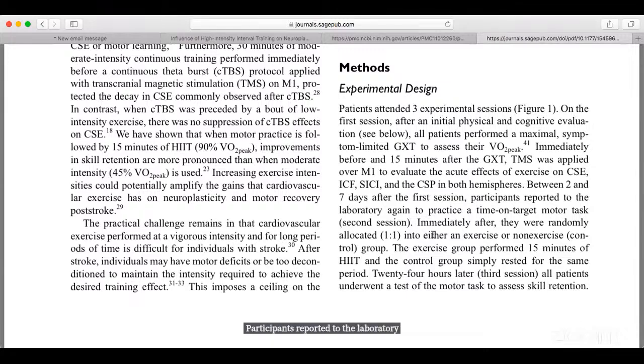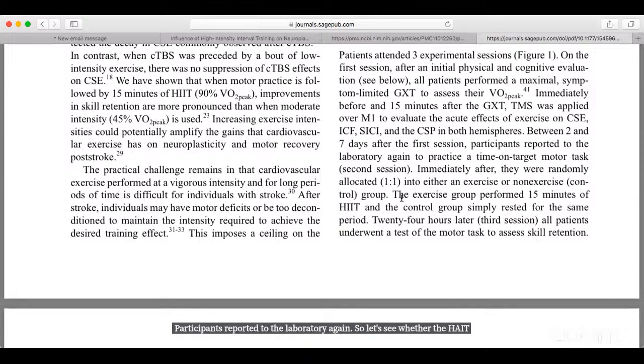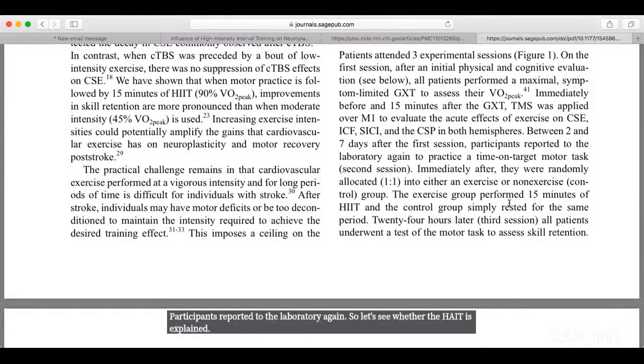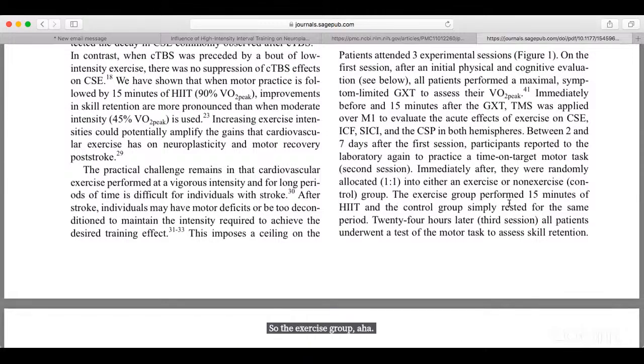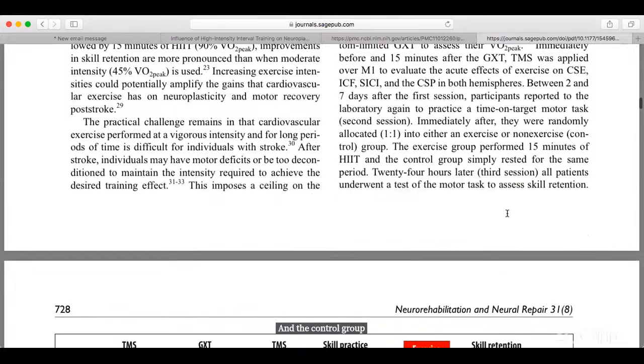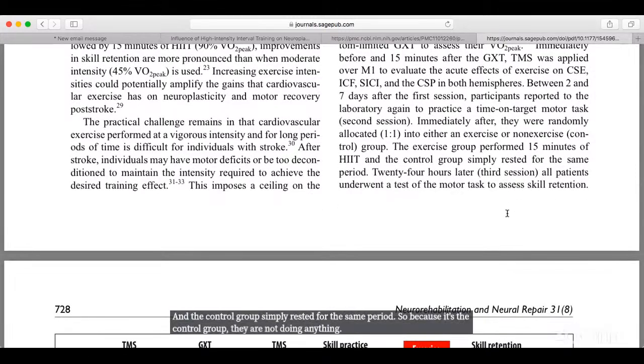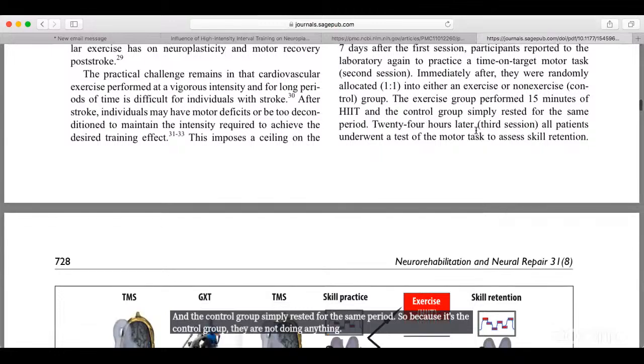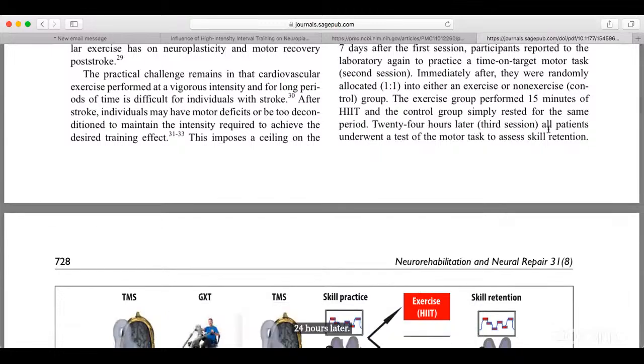So the exercise group performed 15 minutes of HIIT, and the control group simply rested for the same period, because they are the control group and are not doing anything. 24 hours later, in the third session, all patients underwent a test of the motor task to assess skill retention.